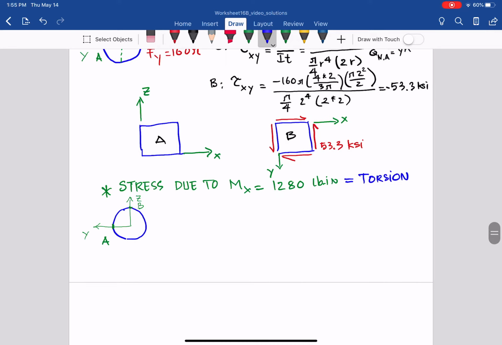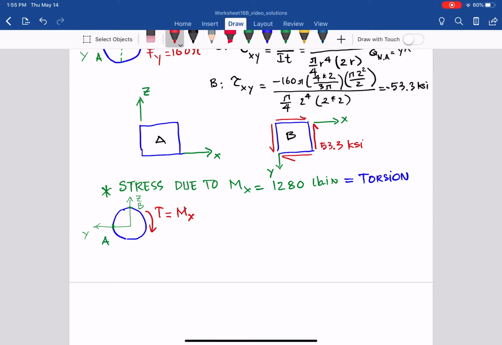So that torsion, T, let's move down outside here, equals Mx, 1280 pi per inch. When it torsions, it will create shear.